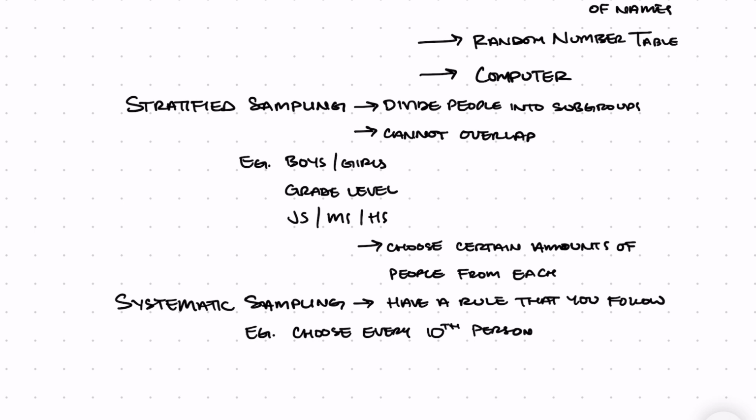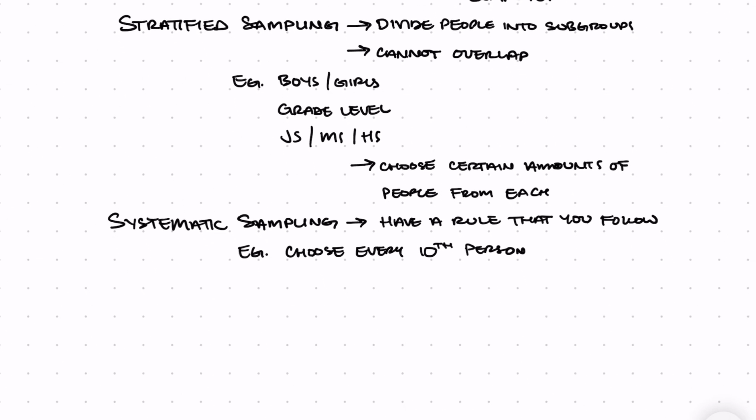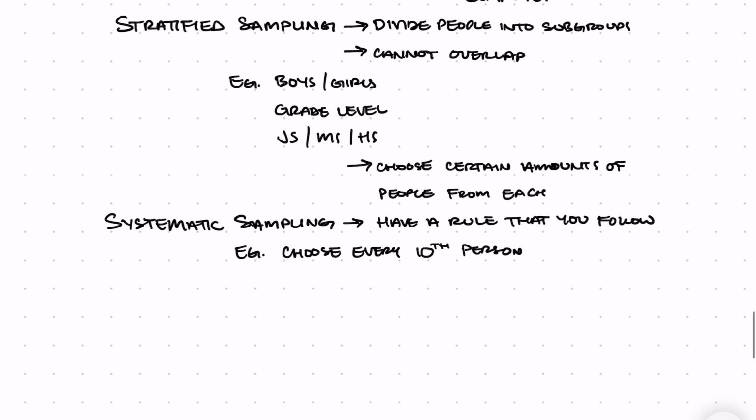There is a way to do this if you're going to have numbering. Ideally, you would take the population size and divide it by your sample size, and you should have a number.